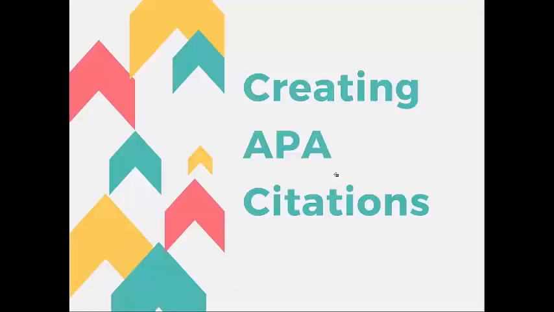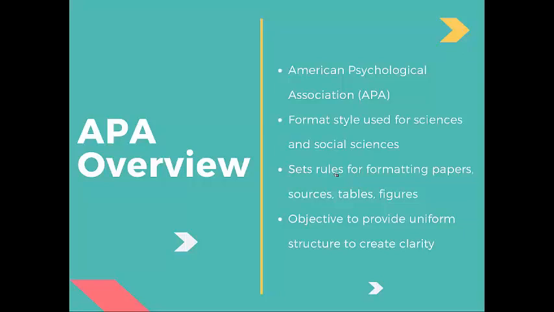So now that we've talked about finding sources, let's talk a little bit about creating those APA citations, which is the other part of creating a bibliography, an annotated bibliography we were going to talk about today. A brief overview of APA. APA stands for the American Psychological Association. And when we say APA, we're talking about their Manual of Style, which is the format used for different disciplines such as the hard sciences and the social sciences.